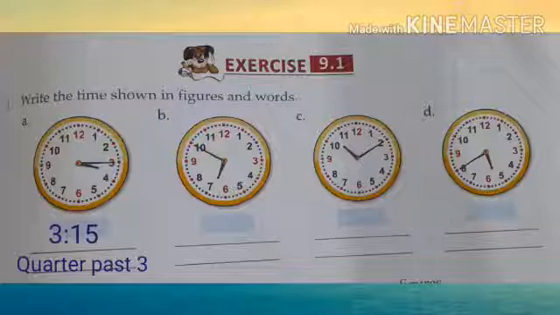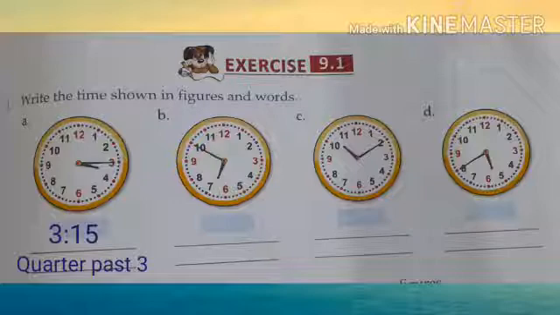Let us see question number B. Here the minute hand is at 10. So it will be 10 5s are 50. And the hour hand is about to reach 7. It is not at 7. It is about to reach 7. It means now it is 6 only. We will consider it as 6 only.